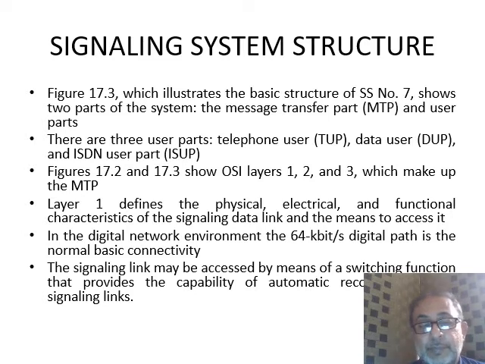If we talk about layer number 3, we can call it basically the MTP, or the message transfer part, in which we can include the layers 1 and 2 also. While the layer 4 comprises the user parts, which are the telephony user part, data user part, and ISDN user part.